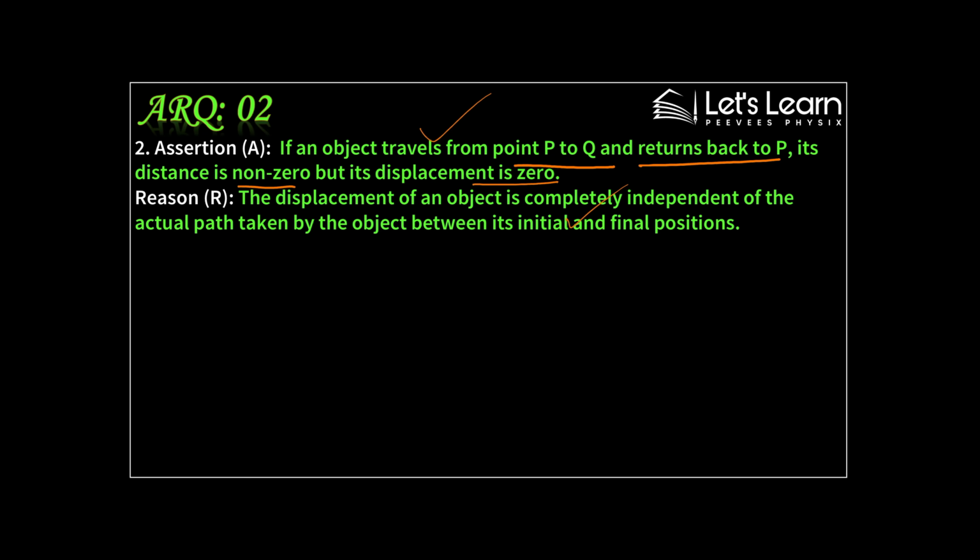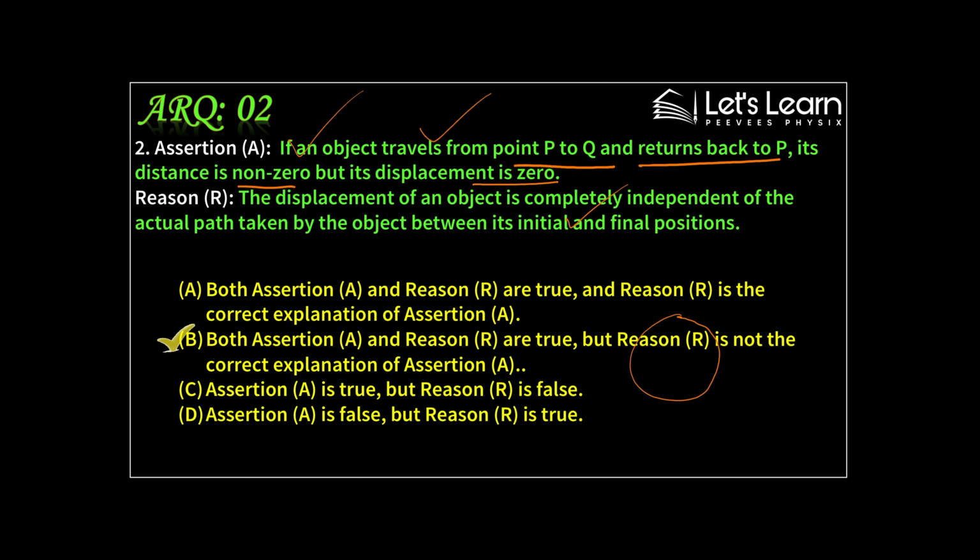Now, is the reason the correct explanation for the assertion? No. Why? Because it came back to the same point, so displacement will be 0. So, the choice is: assertion and reason are true, but unfortunately, reason is not the correct explanation for the assertion. The correct explanation for the assertion is that the object came back to the same starting point, which is not given in the reasoning.